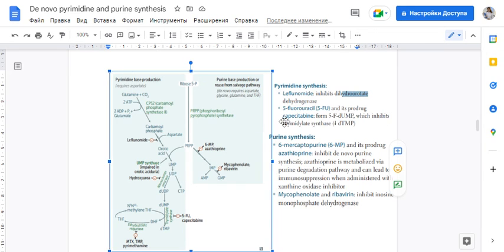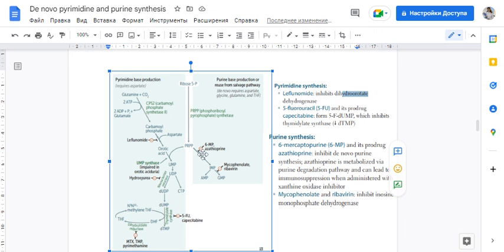You have to know high-yield drugs that inhibit these processes. For example, 6-mercaptopurine as well as its product azathioprine will inhibit de novo purine synthesis at this step.